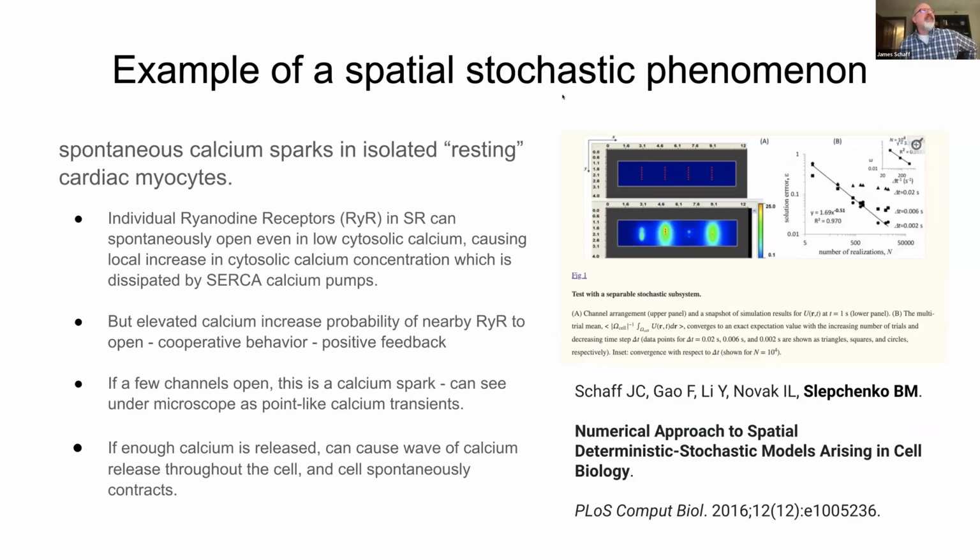So, going into a little more detail, I'm not going to do this complete justice. I have a toy cardiomyocyte coming up that's a little bit bastardized, but it illustrates some of the concepts. In general, individual ryanodine receptors are calcium channels that live in the sarcoplasmic reticulum of cardiomyocytes, and they can open spontaneously, but they usually don't.